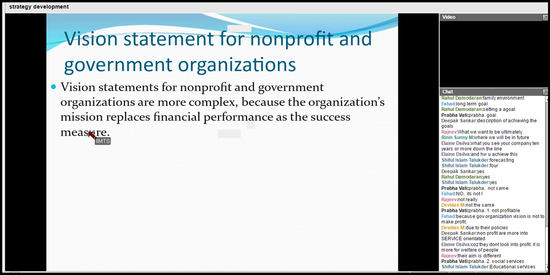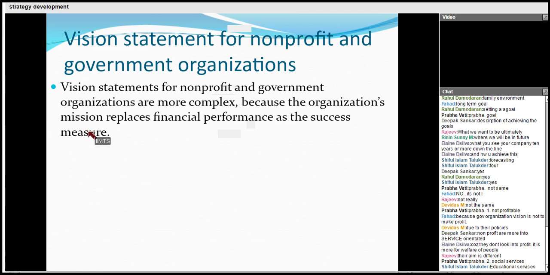For example, in the education system, the government will not measure its success in education for the country by using finance to determine whether education has been successful or not.